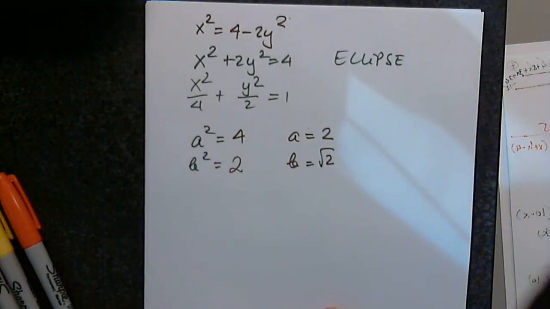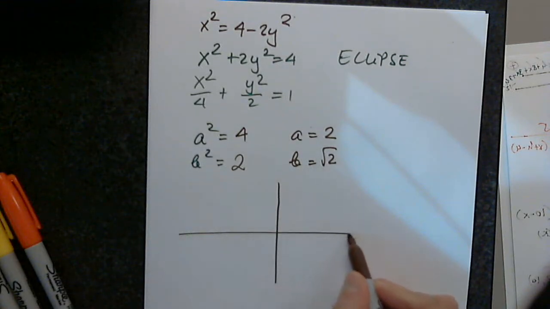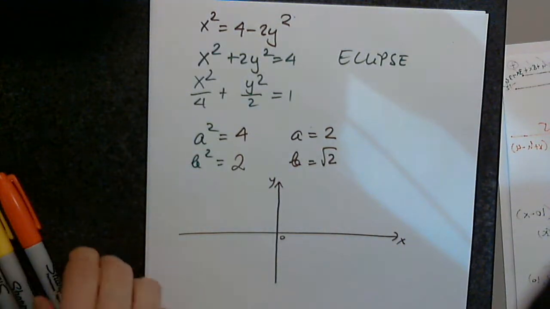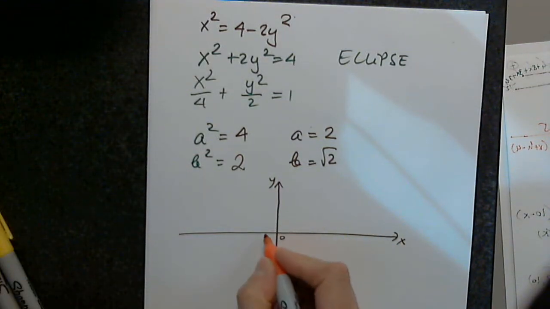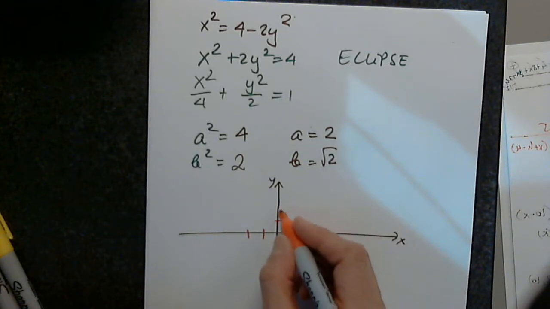Good. The center at 0, 0. So 2 on this side, 2 on this side. This is 1.41.